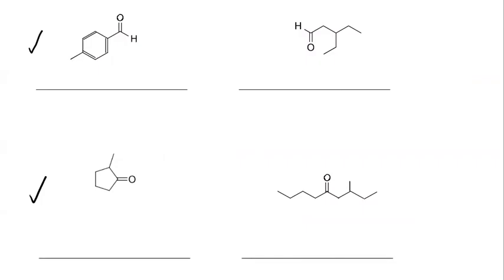On the molecule on top, since I have a benzene ring connected to a CH group, that is my parent chain, and that is called benzaldehyde.